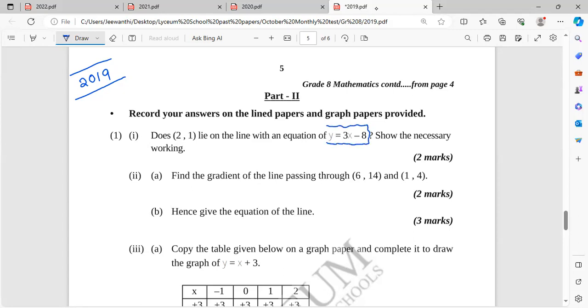That is the equation of a straight line, and they have given a point. We want to check whether the point is on the line or somewhere else. That is the thing we are going to show here.